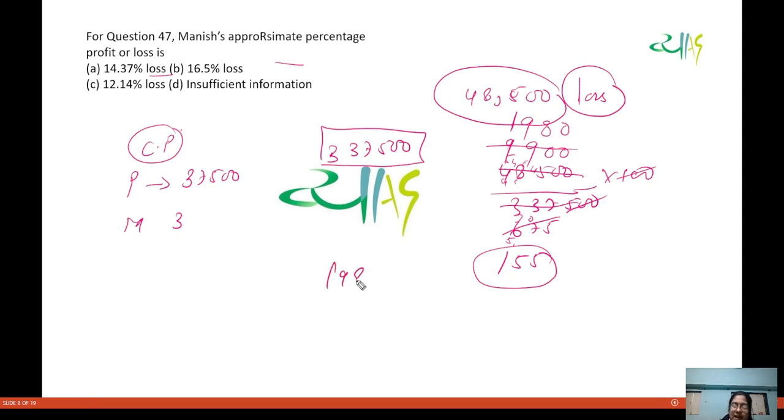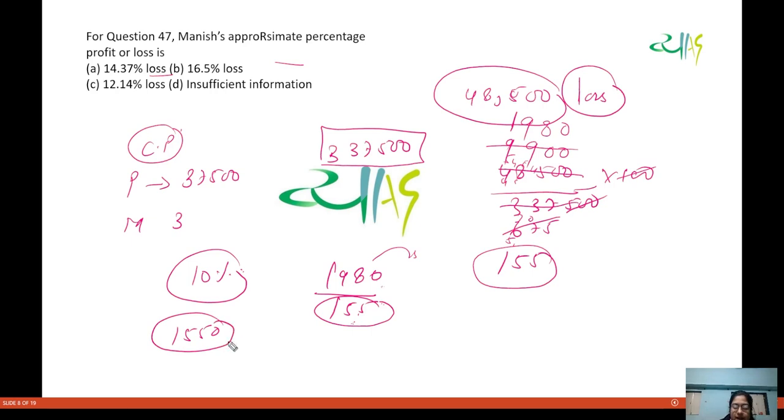So 1980 divided by 155. Now if you see 155, definitely this is greater than 10%. So 1550 will be 10 times, and how much is left?